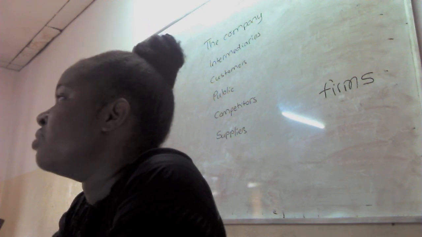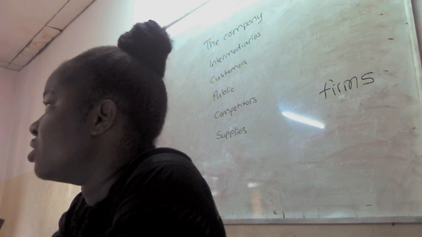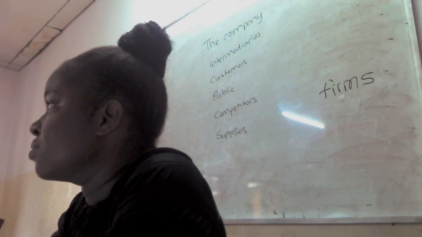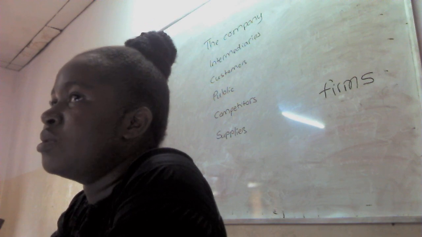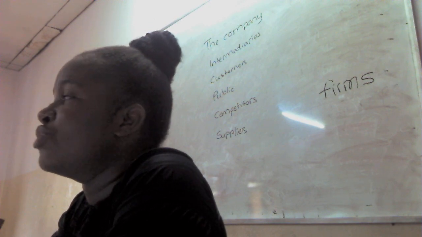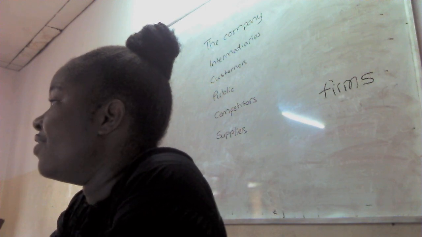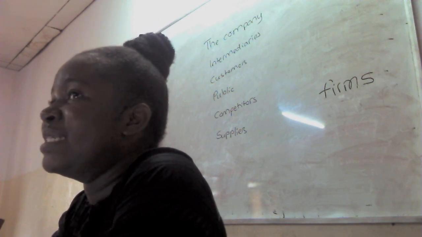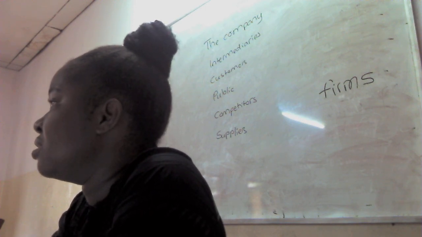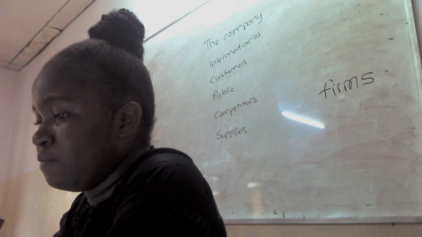So the government makes up rules and regulations that companies have to follow. So the company has to make sure that these rules are followed. So if the government says you pay 16.5% as tax, you have to pay that.